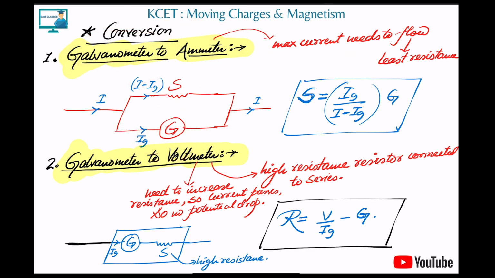So we need to attach what? So that we can measure very high current. Here we need to attach a shunt resistance in parallel connection. If a high resistance is attached in parallel, the current will come and see, oh, this path has a lot of restrictions.